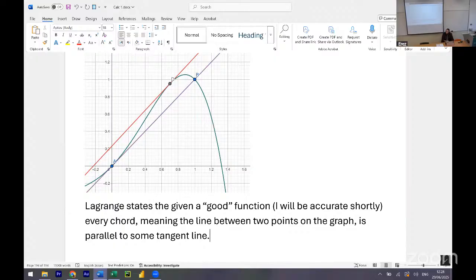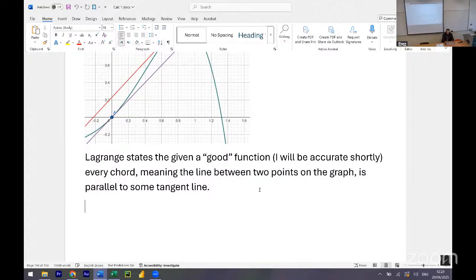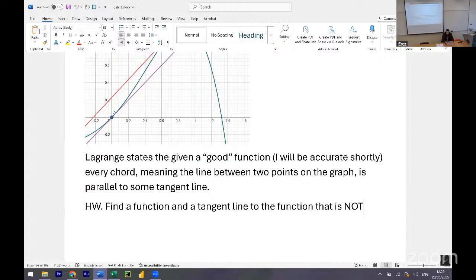By the way, it's not bidirectional. There could be a tangent line which is not parallel to any chord. And I'll give it to you as homework. Find a function and a tangent line to the function that is not parallel to any chord.